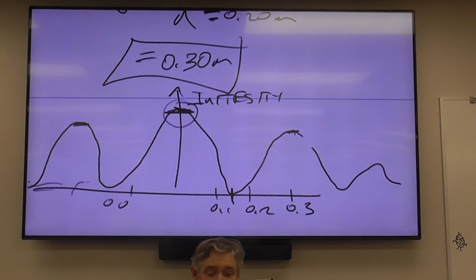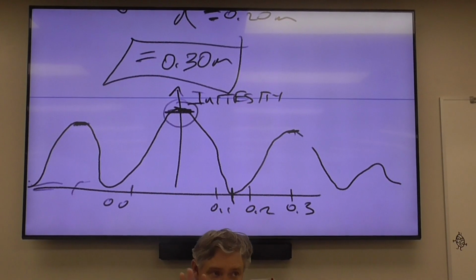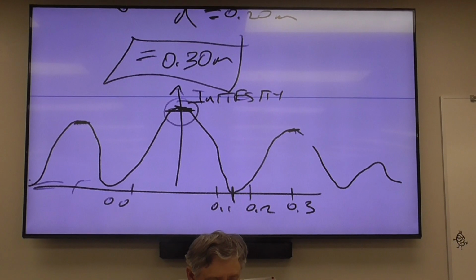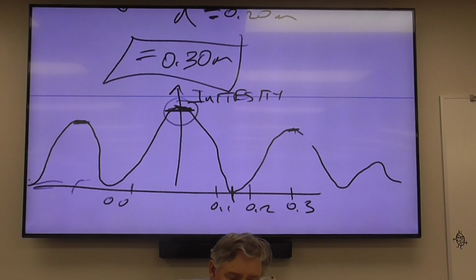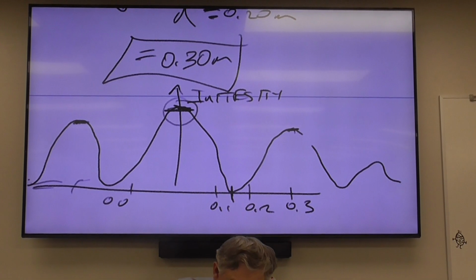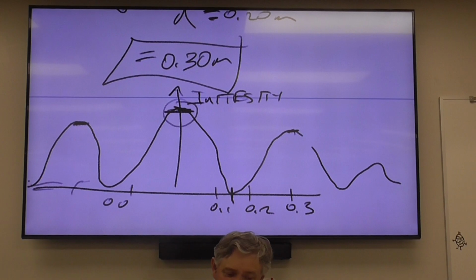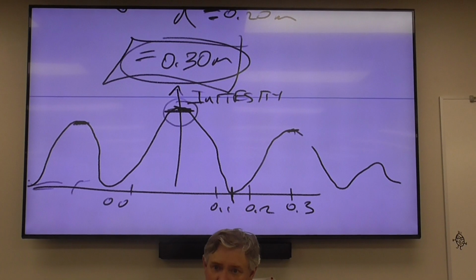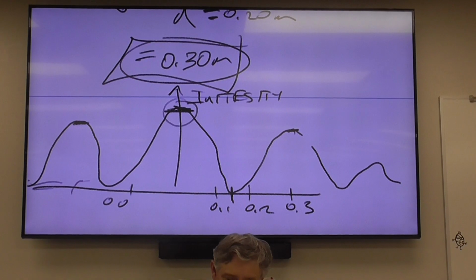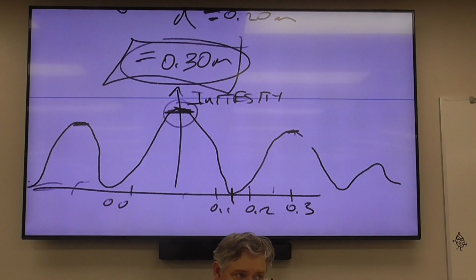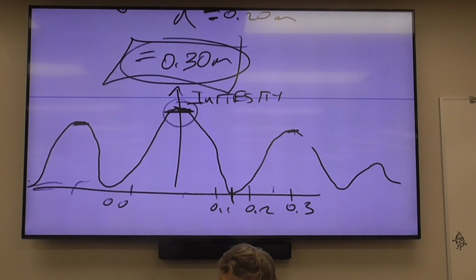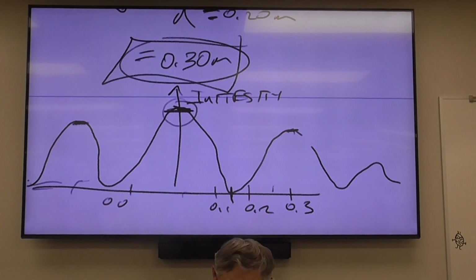Now, on the back side, I'm not going to have you do this. I just want to point this out as a difference. So on D it says, suppose the microwave wavelength is decreased by a factor of 3. So if I shrink the wavelength, what's going to happen to the distances between these maximums? It's going to become smaller because you're going to have a shorter wavelength.